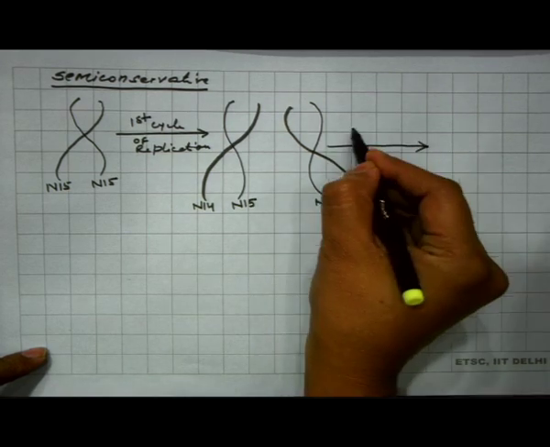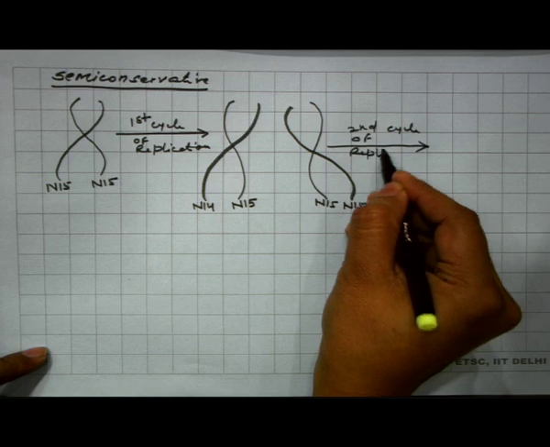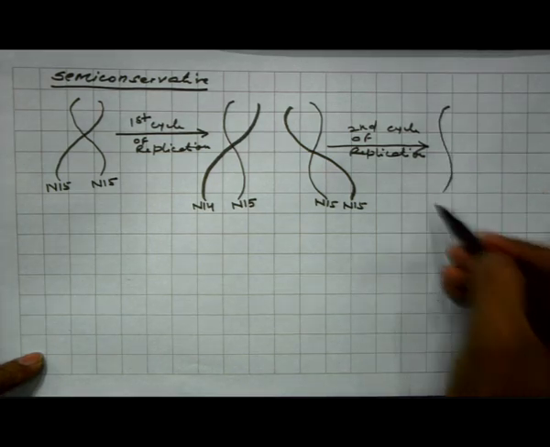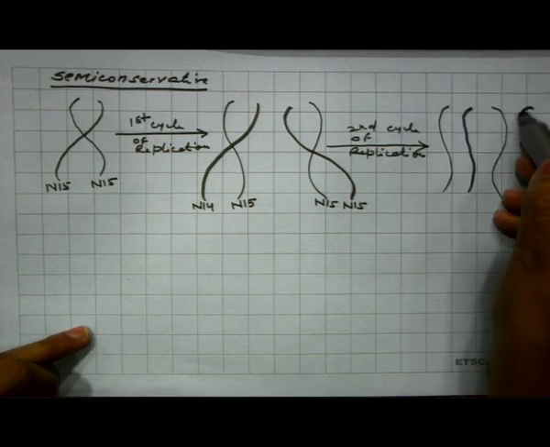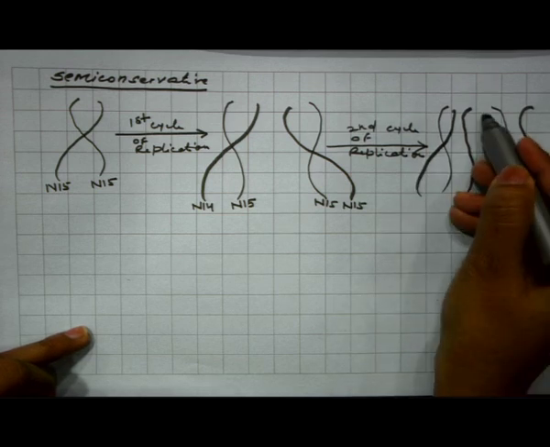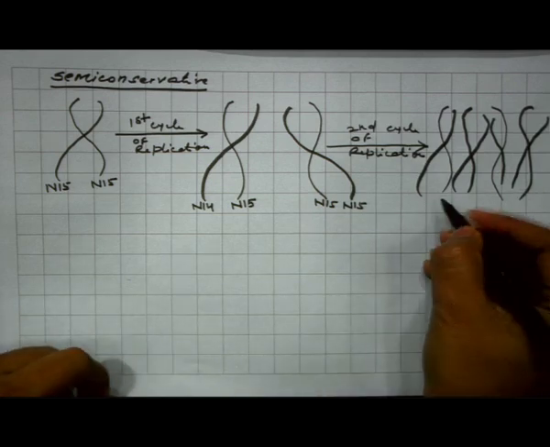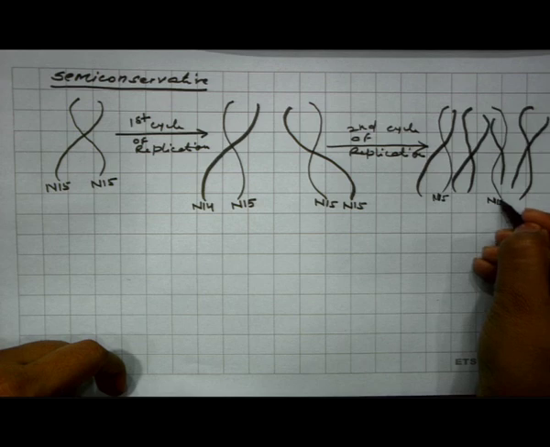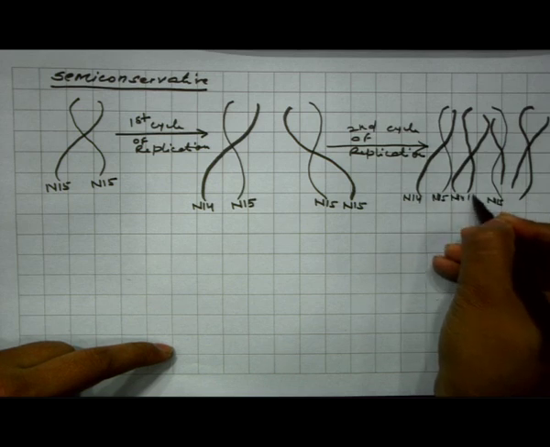If we go for the second cycle of replication, all these 4 strands will get separated and they will be copied. So, in this one is the older one having N15 and all the newly synthesized will be having N14 nitrogen.